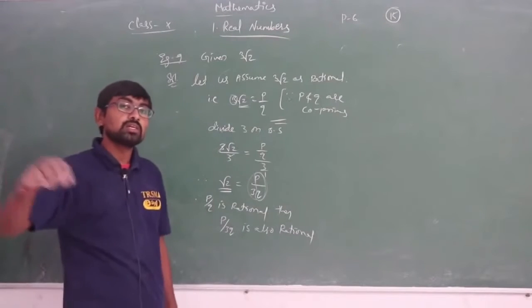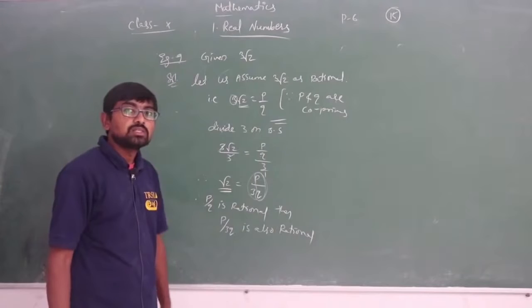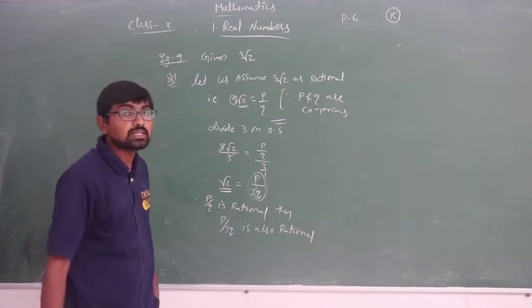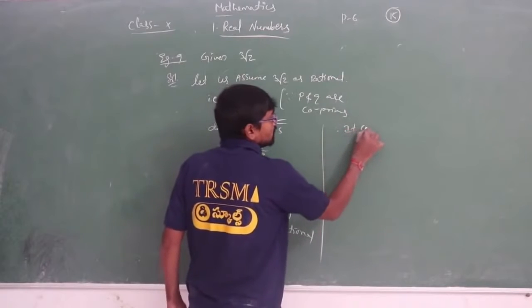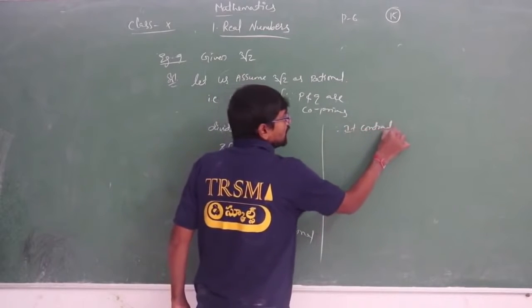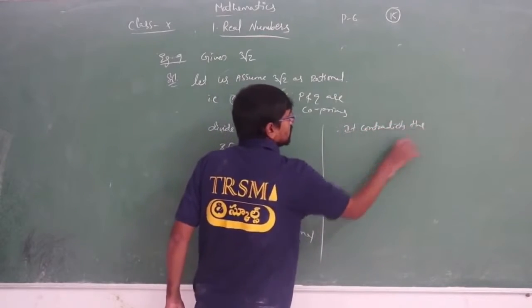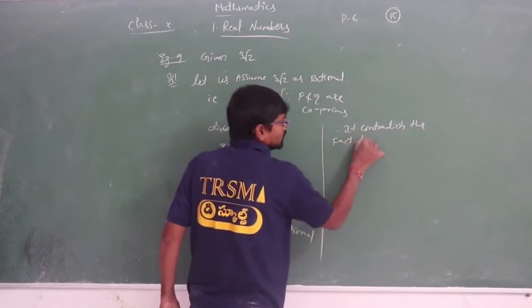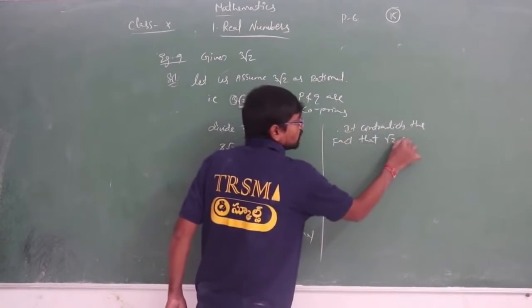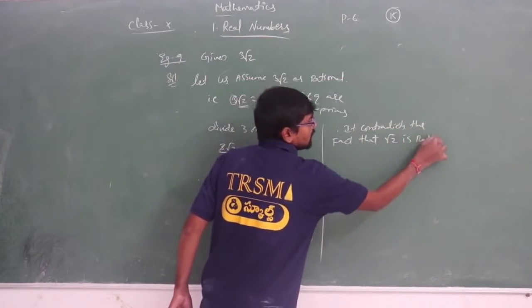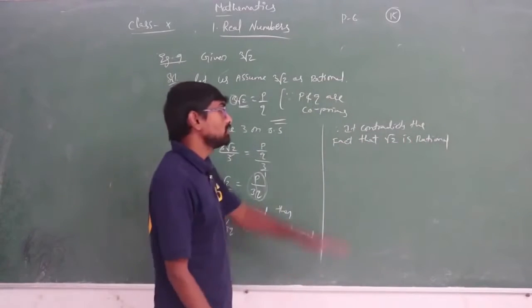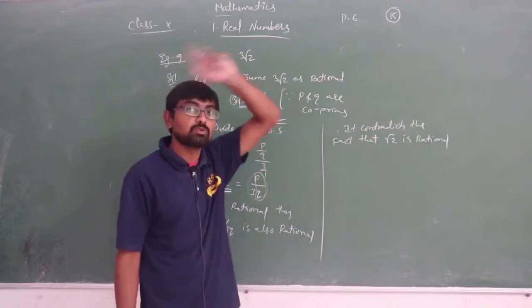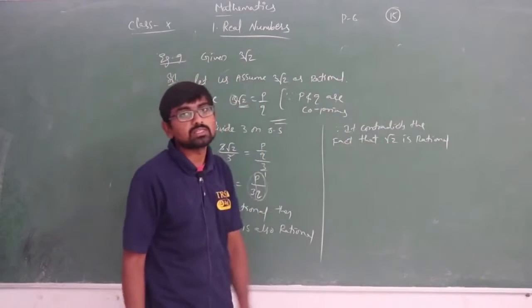We have already proved in our previous session that root 2 is an irrational number. So it contradicts the fact that root 2 is rational. Is root 2 rational? No, it contradicts the fact. It means that when we proved it, we didn't get root 2 as rational.